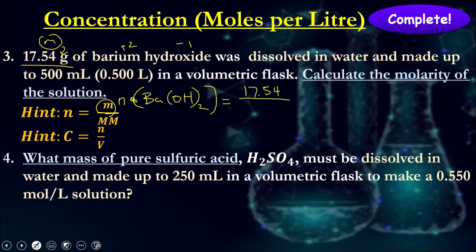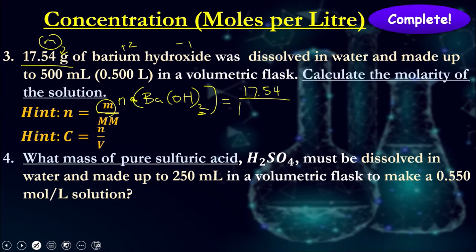This is where you need your periodic table, as I hope most of you do. So barium, there's 1 barium. I have 2 oxygens because of this 2 over here. So there's 2 oxygens, and I also have 2 hydrogens.